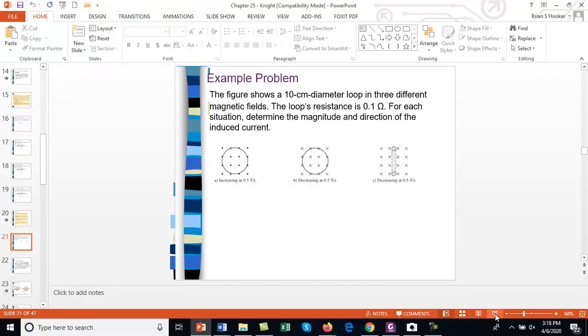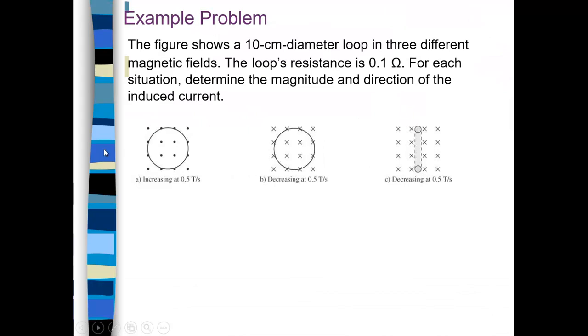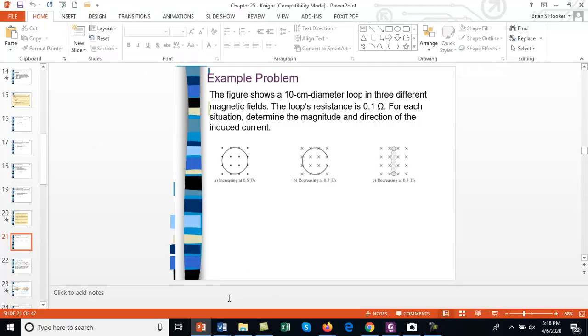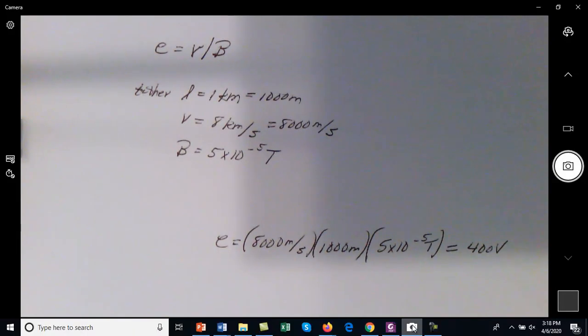So if we take the first instance where our magnetic field is increasing by 0.5 Tesla per second, coming out at us, we have a loop.